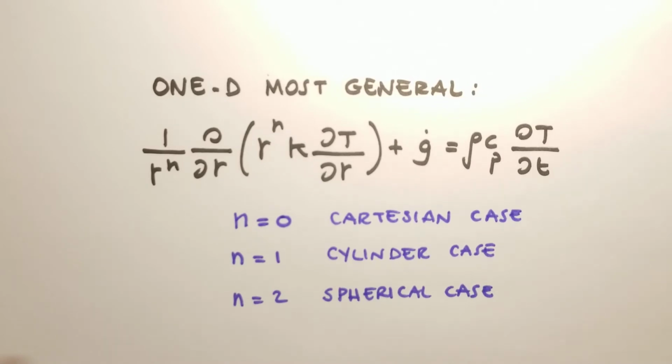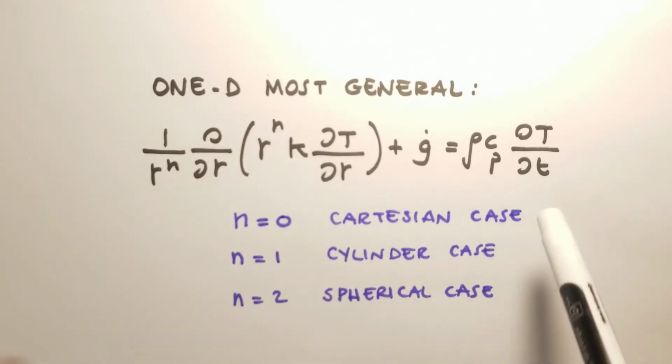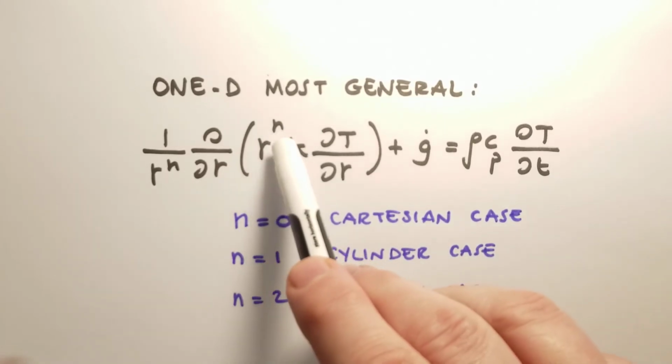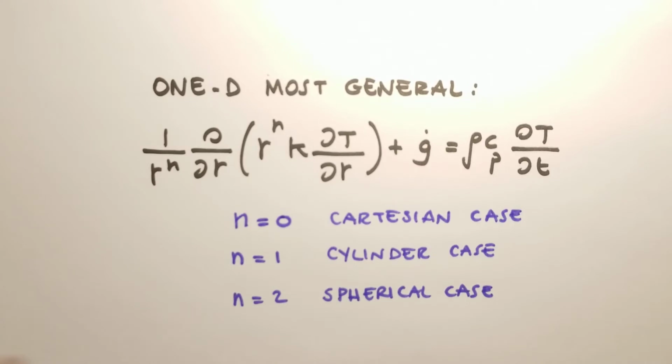So all three cases, one-dimensional, can be written in this compact form, where we have introduced an exponent n. So if n is equal to 0, we have the Cartesian case. If n is equal to 1, we have a cylindrical case. And if n is equal to 2, we have a spherical case. This is for one dimension.